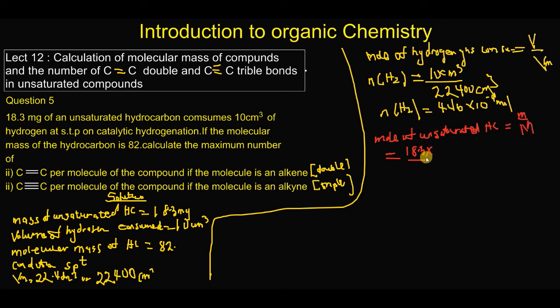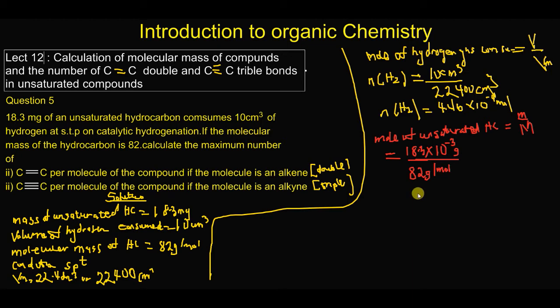If you want to convert milligrams to grams, you divide by 1000, or multiply by 10 to the power negative 3. In that case, we've converted it to grams. And then this 82, we already know that molar mass is always in gram per mole. I didn't put it here, but you should know that molar mass is in gram per mole.